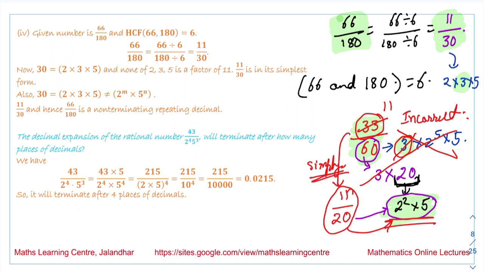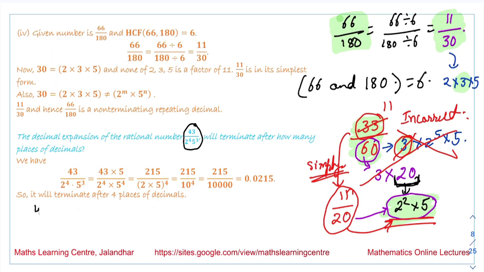Now next, the number given to us is 43 by 2 raised to power 4 into 5 raised to power 3, and we have to find after how many decimal places the decimal representation will terminate.